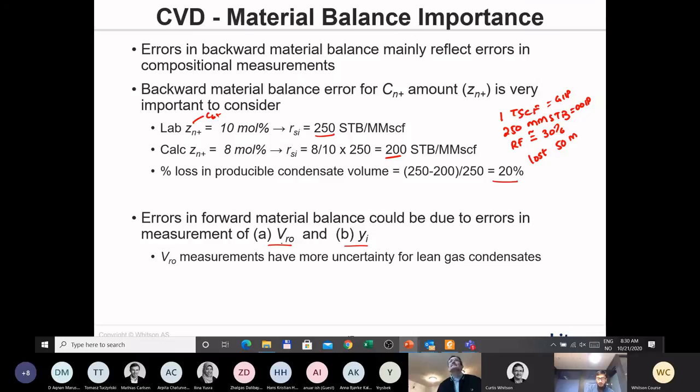And generally, if you have lean gas condensate, we discussed this yesterday, these liquid saturations can have more uncertainty because of the small volumes, and this forward material balance may look very bad for such fluid systems.